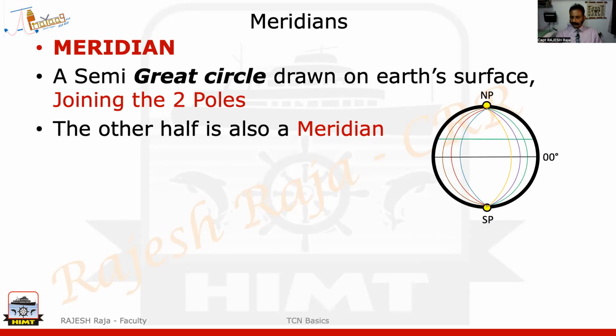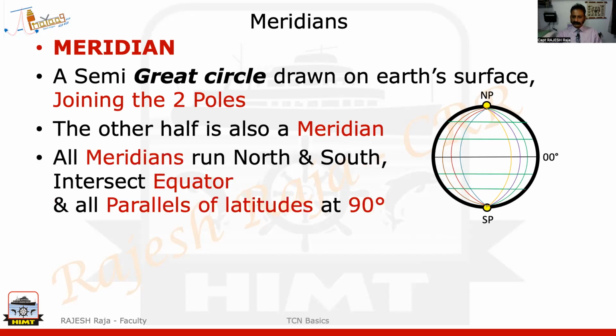Now this we already know is the equator, and this we already know is the parallels of latitude. Since meridians run north and south, please remember they will intersect the equator and all the parallels of latitude at 90 degrees. So wherever you go, this picture looks curved. Why? Because I'm trying to use a two-dimensional picture.